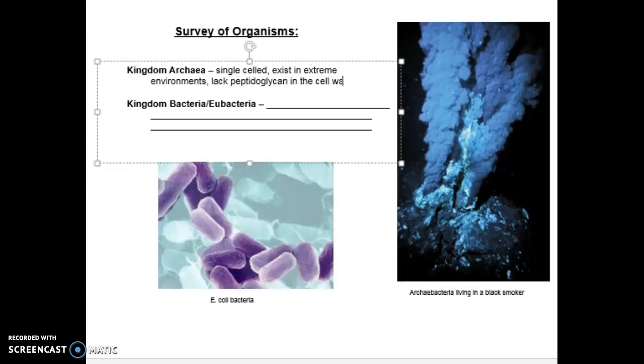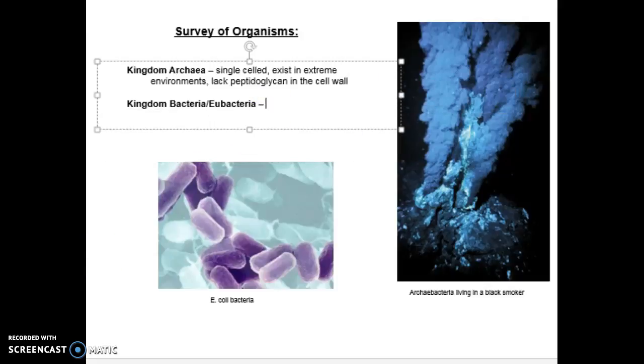But a big thing with the archaea, when you're looking at them and studying them, you look at their cell wall. They don't have this structure called peptidoglycan. That's one of the things we want to keep in mind when we're looking at archaea versus the bacteria, or eubacteria as sometimes they're called. Because the eubacteria are also single-celled. Wide range of environments.